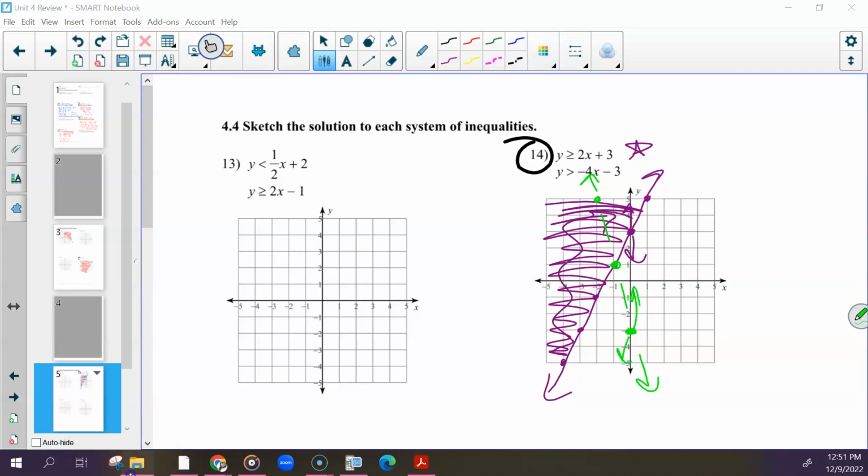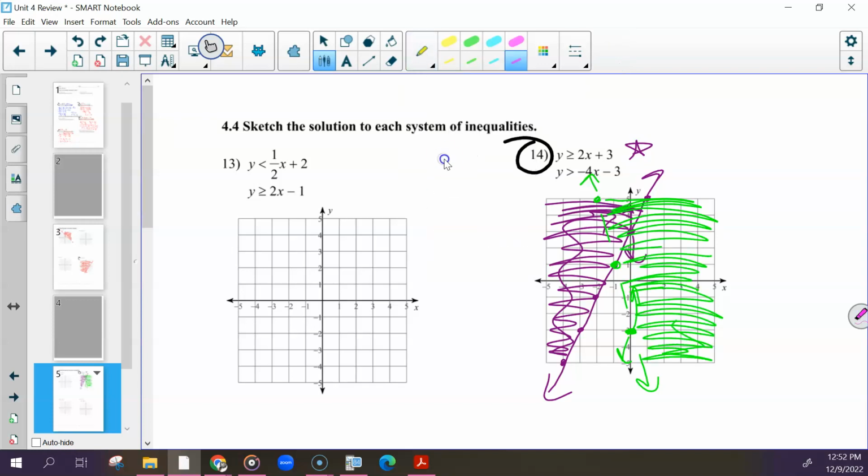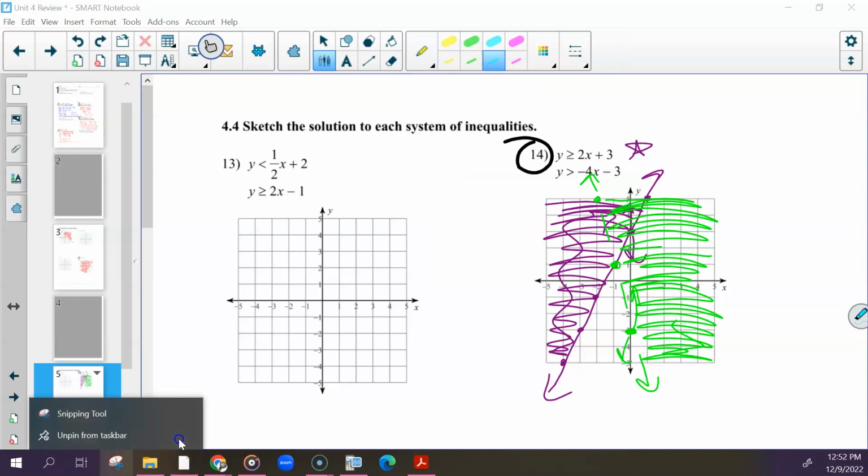So above in this case would be left to the right. So this one only has a small overlapping window, and that's this little area right here. So as long as I can see wherever they're supposed to overlap, you're good.